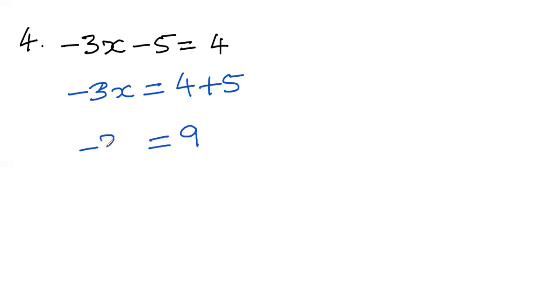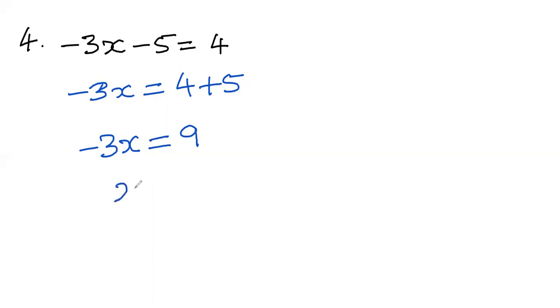And here we have negative 3x. Since we have to find the value of x, that means we have to remove minus 3. We can't just remove it. So we know that it is multiplied: minus 3 times x equal to 9. So times, when it goes on the other side, will become division.